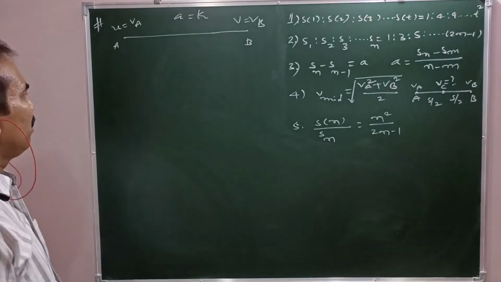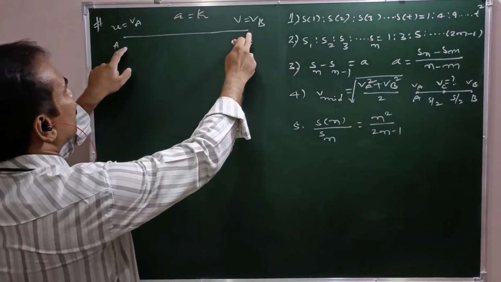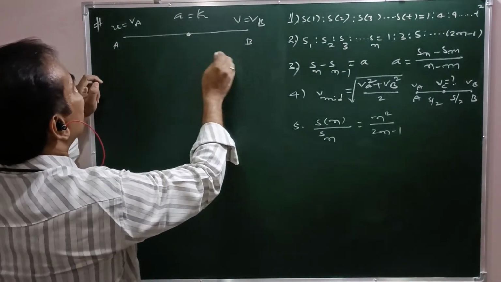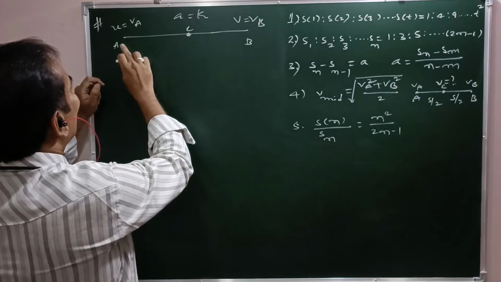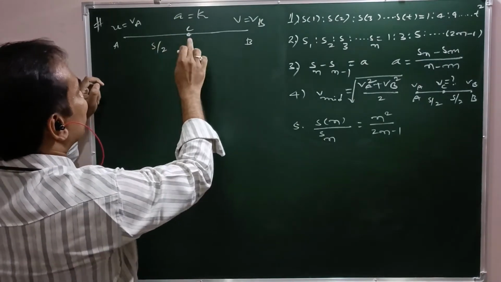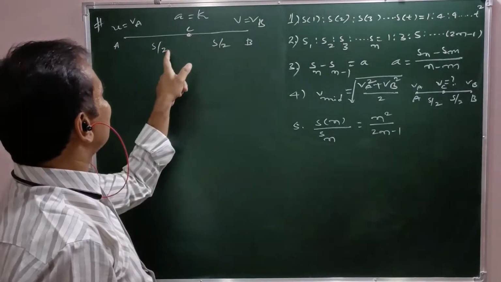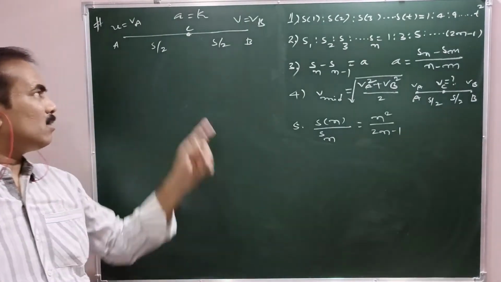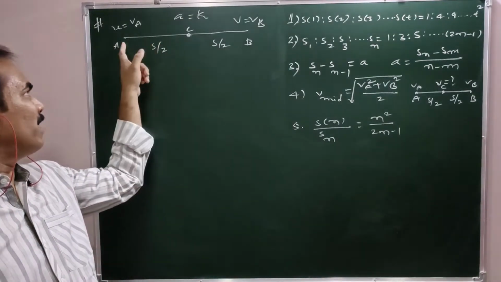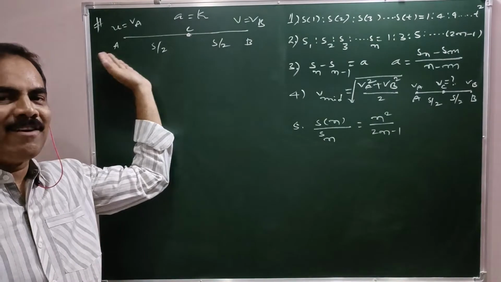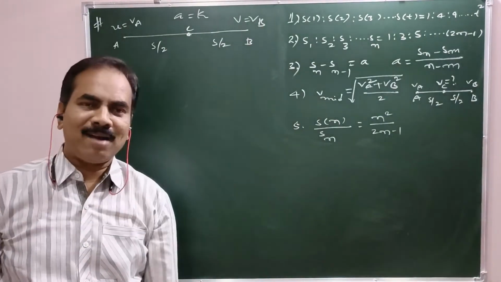Now the total distance is S. Suppose there is one more point, C, midway between A and B. From A to C the distance covered is S by 2, and from C to B, S by 2. So the total distance from A to B is S.